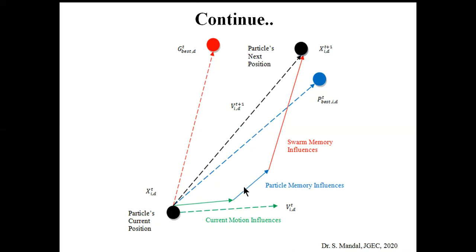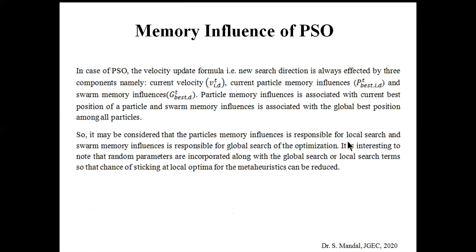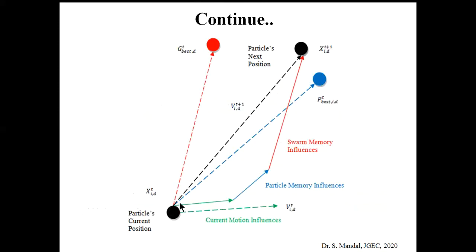If we consider the equation, that equation must have three parts. The first part is v_i,d(t), the next one is the influence from the local best, and the next is the influence from the global best. So this portion is the influence of the current motion, and this portion is the influence from the particle memory.